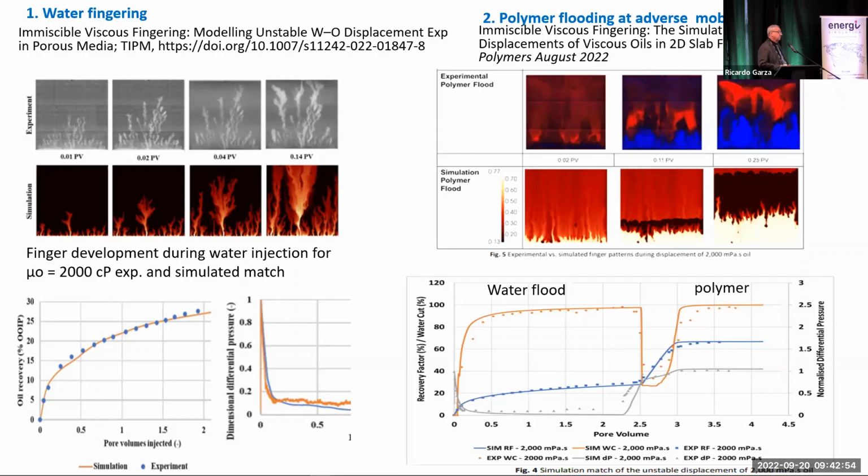But the uniqueness is that by this approach, we're also able to catch the fingers being formed. So the procedure we have developed has been successful in the sense of not creating identical pictures, because this is not a history match. It's just a priori kind of a prediction of what's happening.